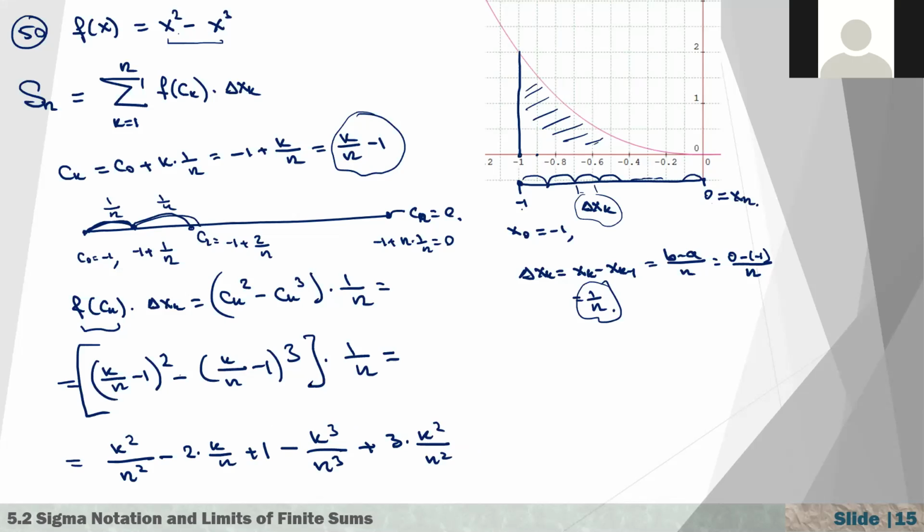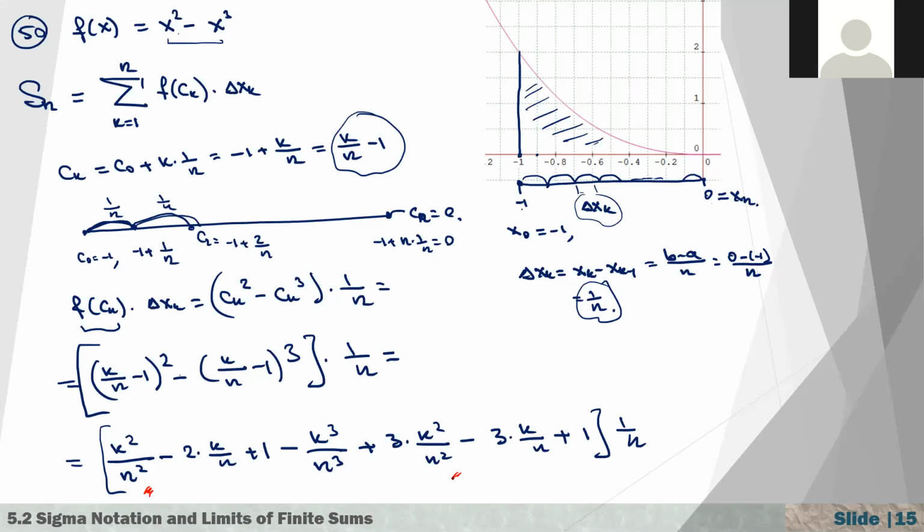And the minus, it is plus again. With this plus, it is minus 3 times k over n, and plus 1. And outside here we have 1 over n. Okay, so I can just simplify this, see here: k over n squared is here, and k over n squared is here.